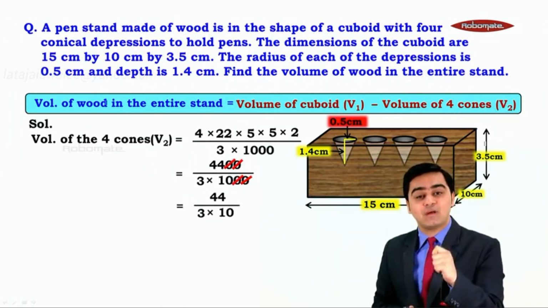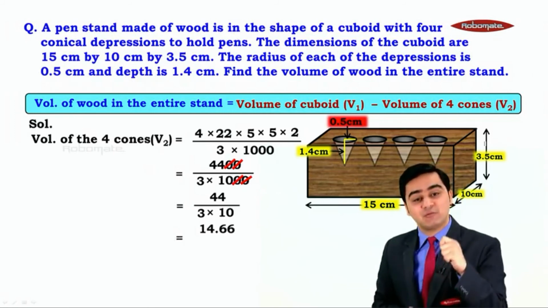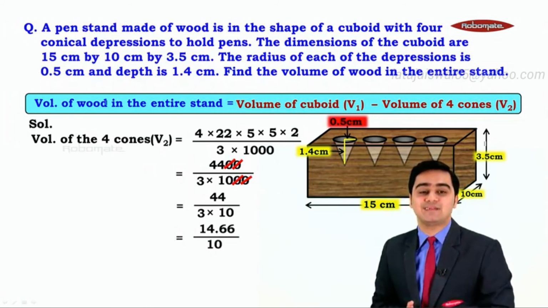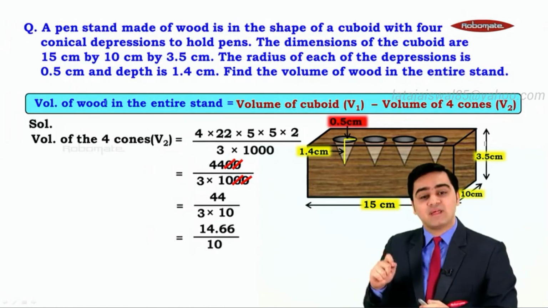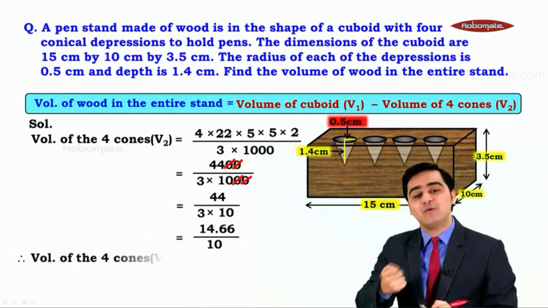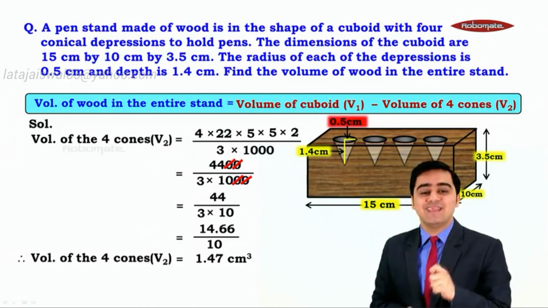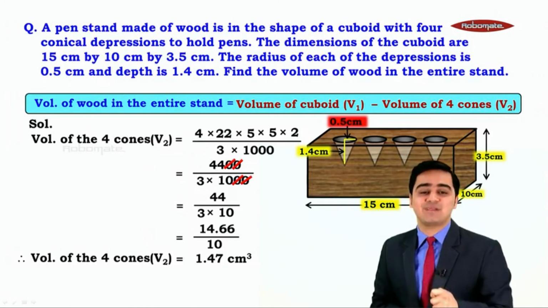Now, 44 upon 3 is 14.66. So, we are left with 14.66 upon 10. Now, 14.66 upon 10 is equal to 1.466, which we can say it is equal to 1.47 approximately. So, we have volume of 4 cones equal to 1.47 centimeter cube.